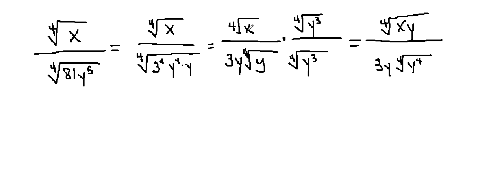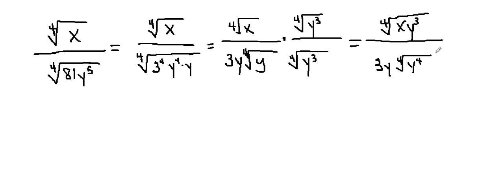And then the top here I've got the fourth root of x times the fourth root of y to the 3rd. So that's just the fourth root of xy to the 3rd when I multiply that across.